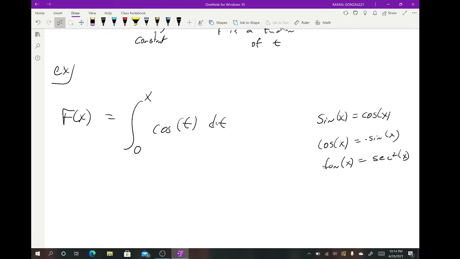So let's say I have to find this antiderivative, and let's say somebody asks us to find this at the points x equals 0, pi over 6, pi over 4, pi over 3, and pi over 2.